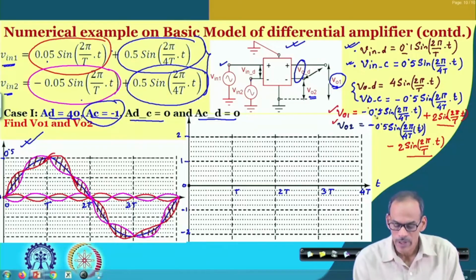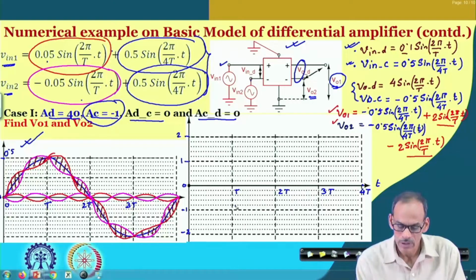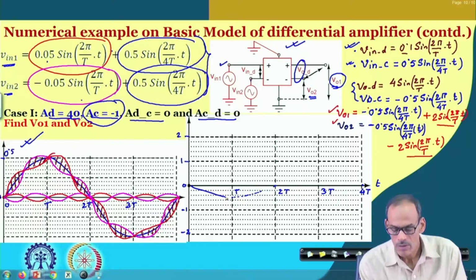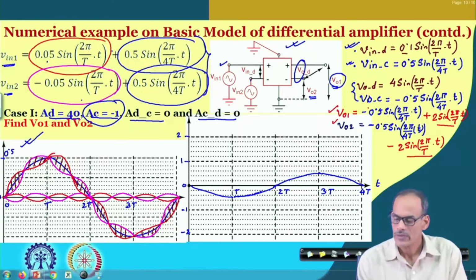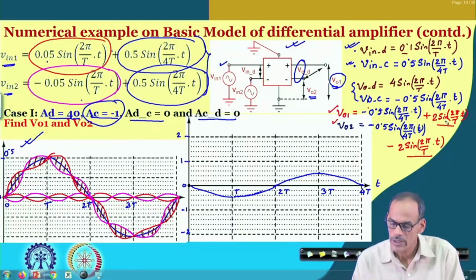Here the common mode part has a frequency of 1 by 4 t, so that means this is the time period, and its amplitude is 0.5 and it is minus. So the blue part, the common mode part, has this kind of sinusoidal signal, and on top of that we have the red color part.